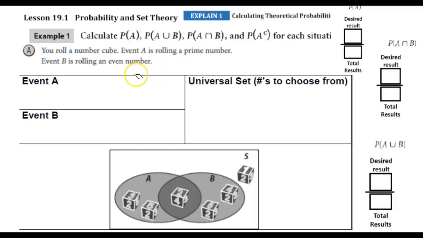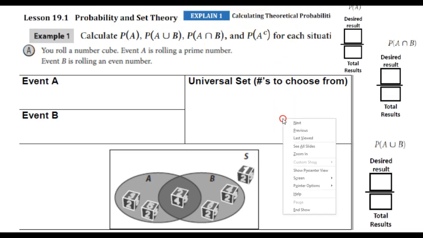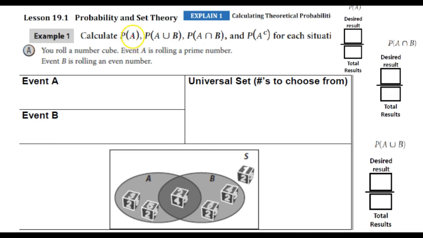Alright, so in this activity for 19.1, probability of set theory, calculating theoretical probability. We're going to be calculating the probability of a certain event A happening.